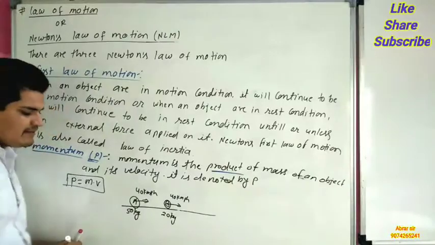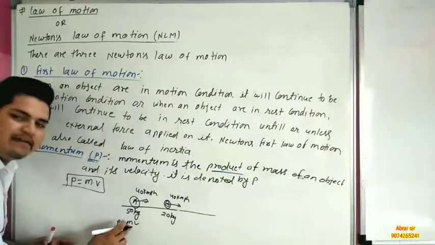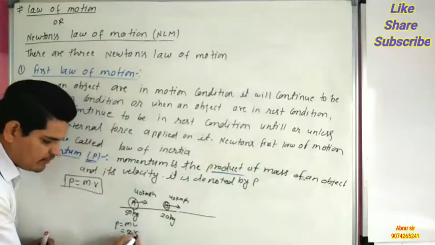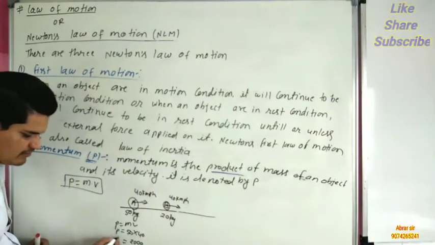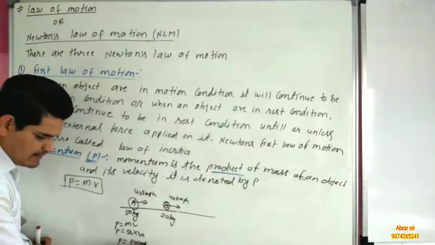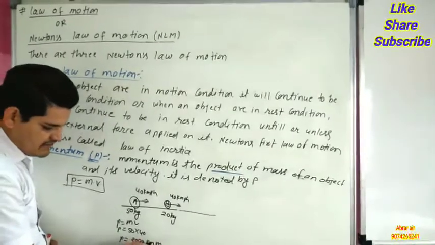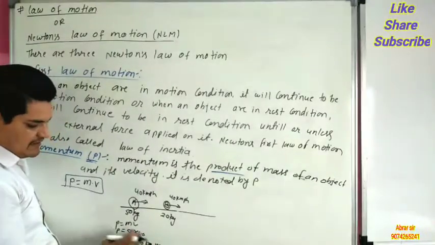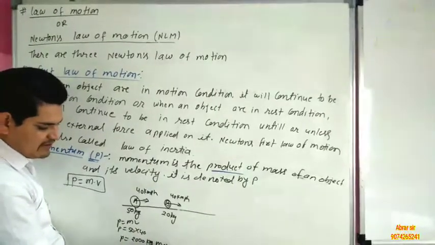So momentum is P is equal to mv, mass and velocity. For A, mass is 50 and velocity is 40. So 5 fours are 20, and the 00 as it is, so momentum is 2000 kg meter per second. Mass has the unit kilogram and velocity is meter per second, so kg meter per second.